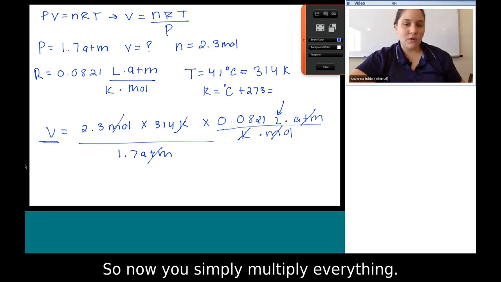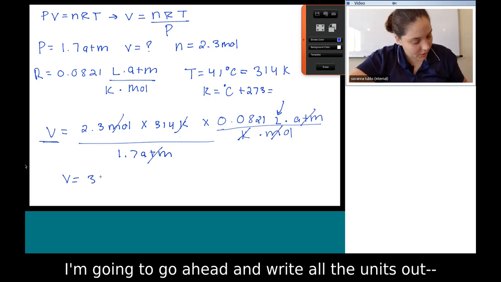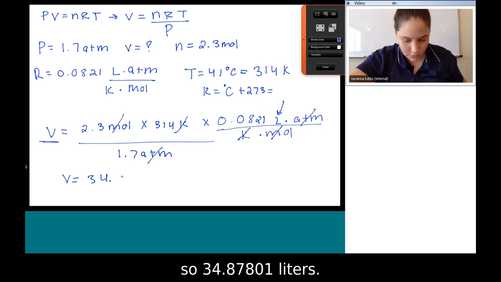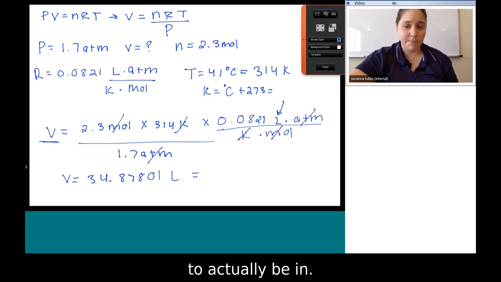So now you simply multiply everything, and you're going to get a volume of 34.87801 liters. However, let's figure out what we need our answer to actually be in.